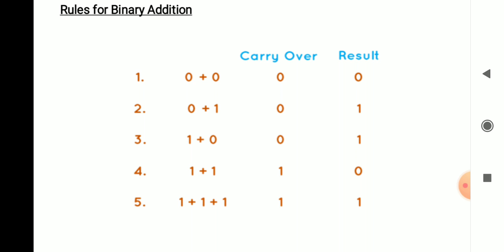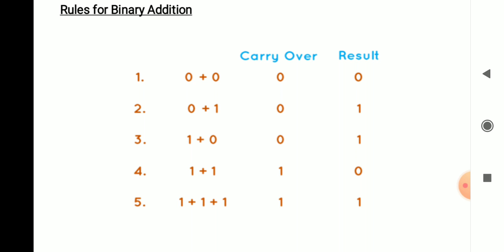That is, when we add 0 plus 0, we get the result as 0 and the carryover is also 0. When we add 0 plus 1, or 1 plus 0, we get the result as 1 and the carryover as 0. When 1 plus 1 is added, we get the result as 10.